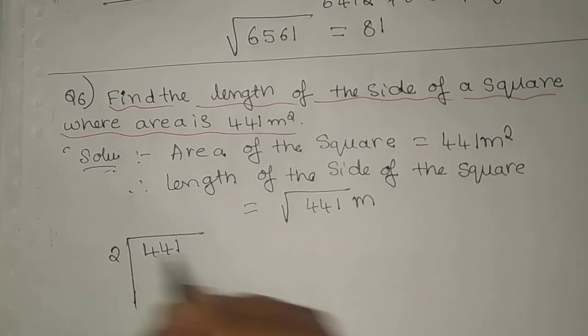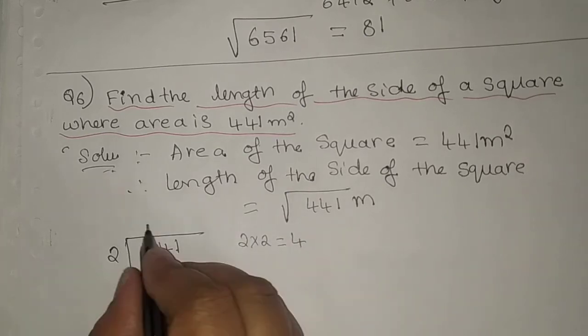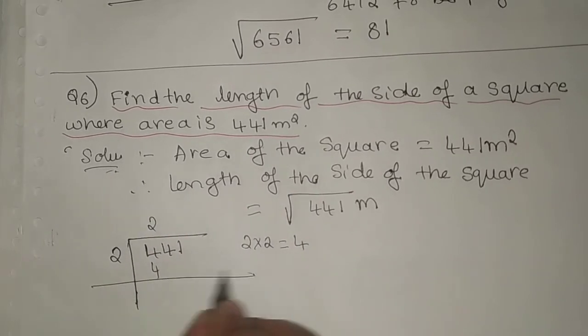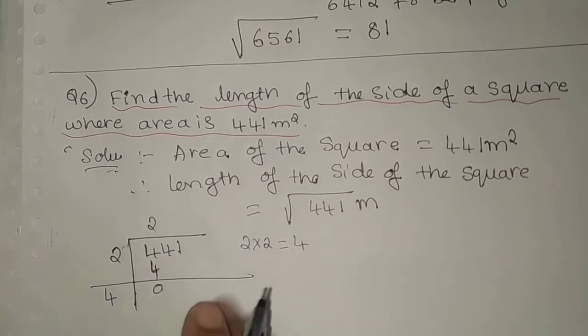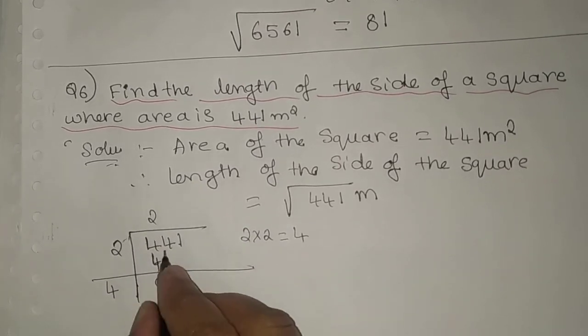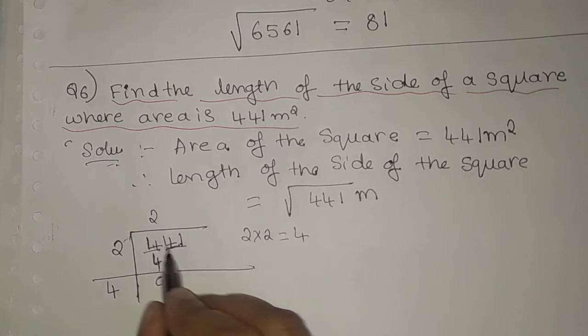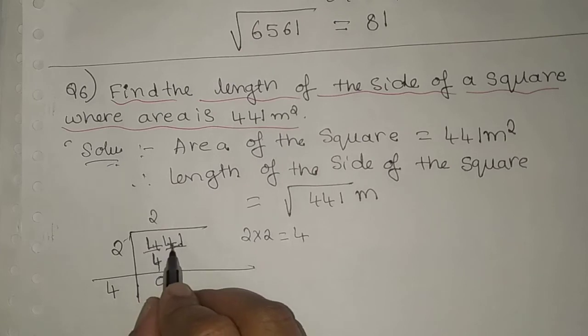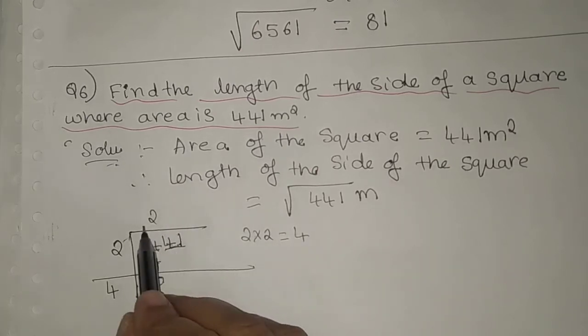Find the nearest square number, that is 2 into 2 is equal to 4. 2 2s are 4. Then the remainder is 0. Add these two, that is 4. Next, pair these numbers; we have 2 pairs. Take this number, which is two digits, and this is 1 digit, and the nearest square is 2 into 2, which is 4.